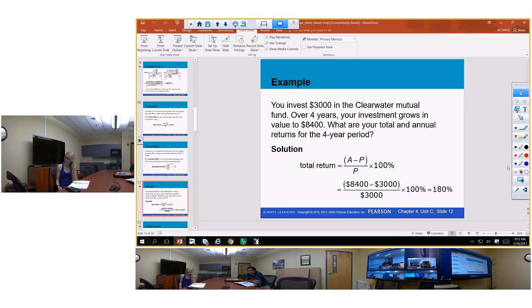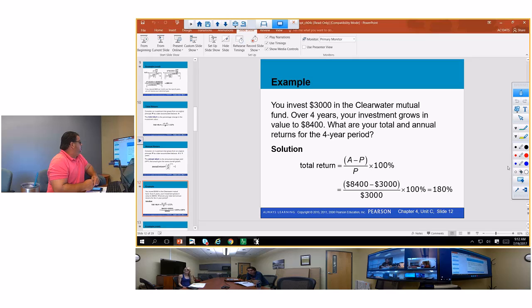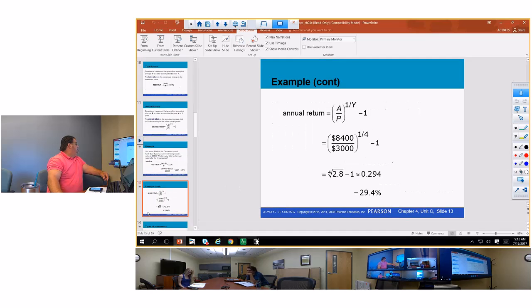Okay? Everybody come out with 180? And then there is your annual return. The 8400, which is your new, over 3000, raised to the 1/4 power minus 1. It comes out to be 29.4%.